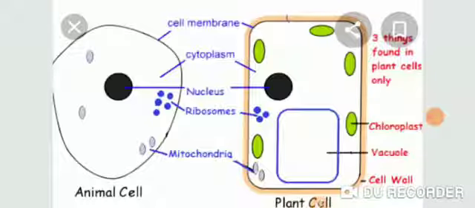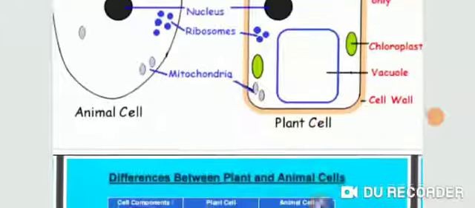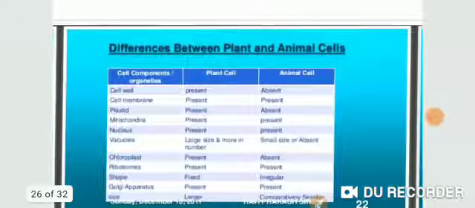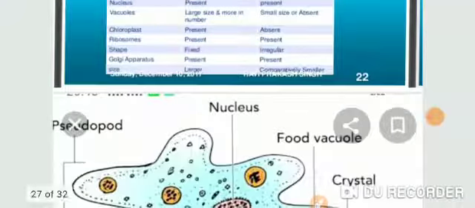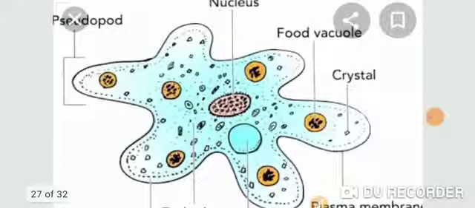So one by one we study them. Some cells perform all the basic activities of life and live independently, and these are called unicellular organisms, or single cell organisms. It means in these organisms only a single cell performs all the basic functions of a living organism.